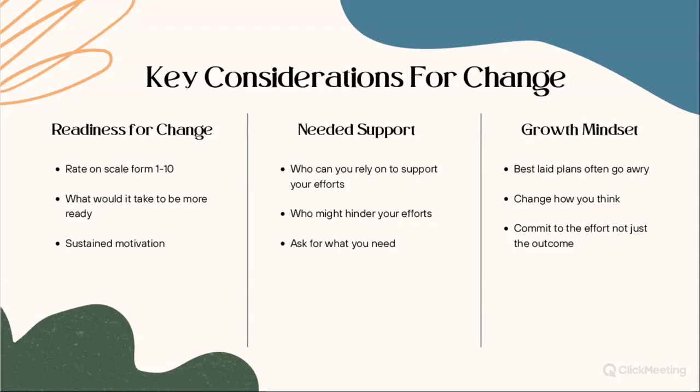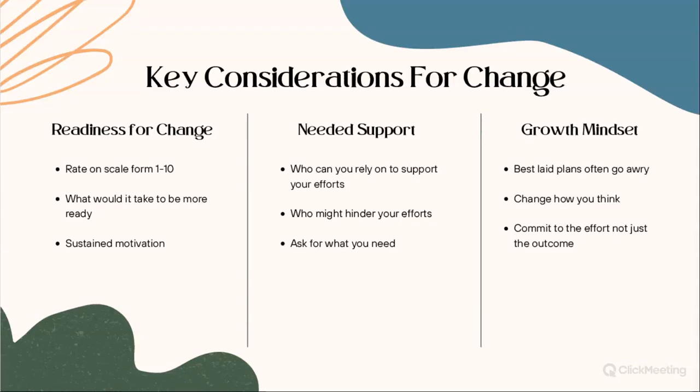Kind of going back to who might hinder your efforts. A lot of the times, and it may not necessarily be a domestic partner or spouse or something like that, maybe it's a friend or a coworker who isn't quite on the same readiness scale as you are.